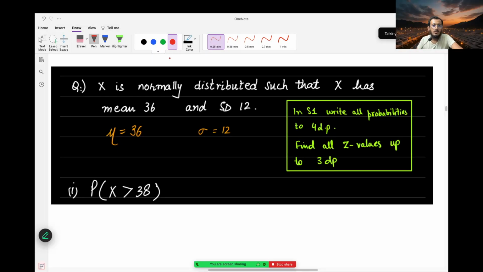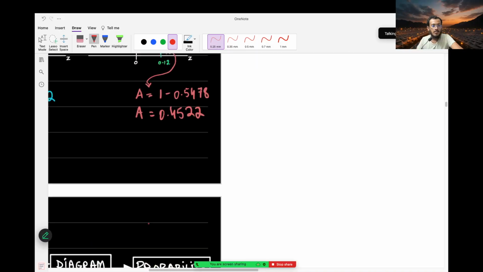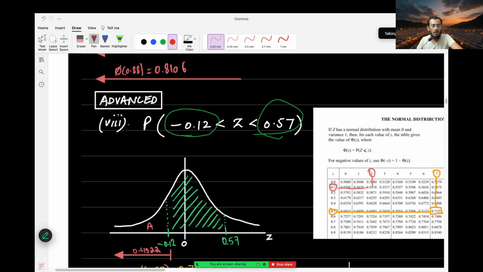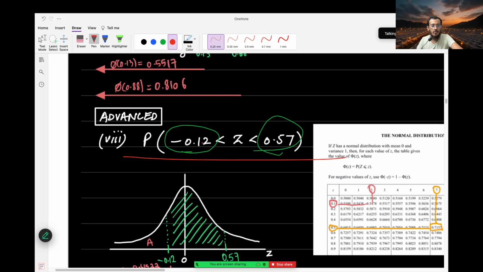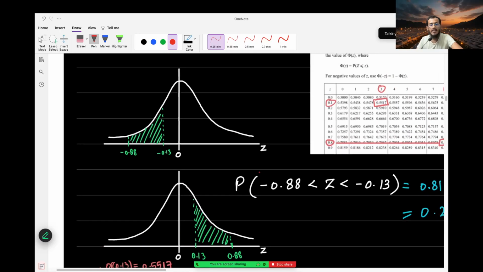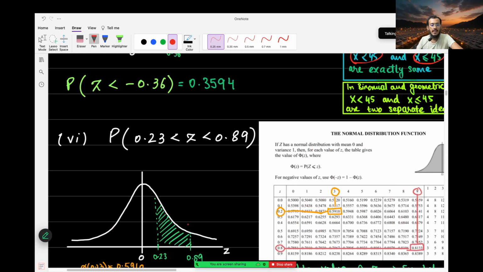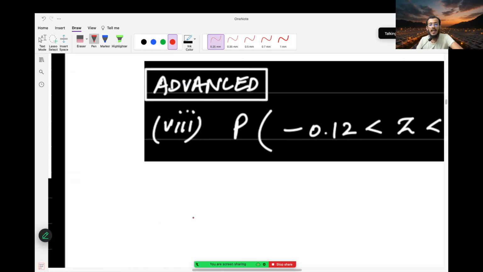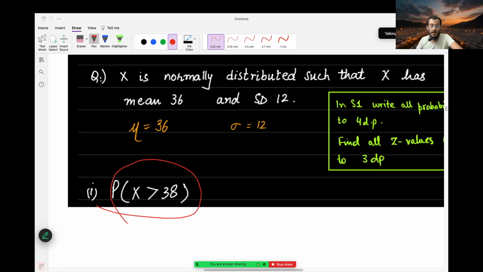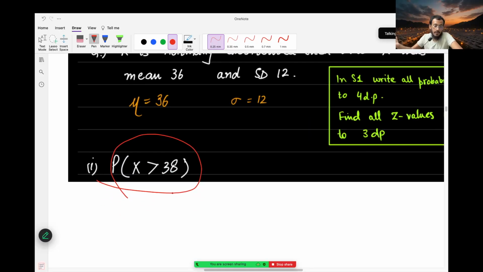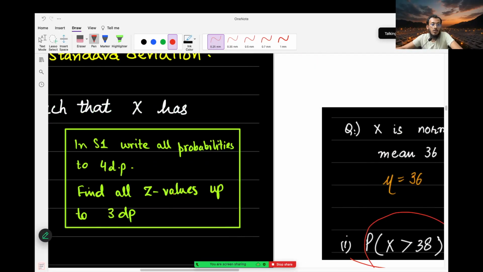Now they have asked us to find the probability that x is greater than 38. Did you see the difference? All these previous questions were asking for the probability that z is greater than or less than some value. But now they are asking for the probability that x is greater than 38. So how do you find that? Again, use the formula.